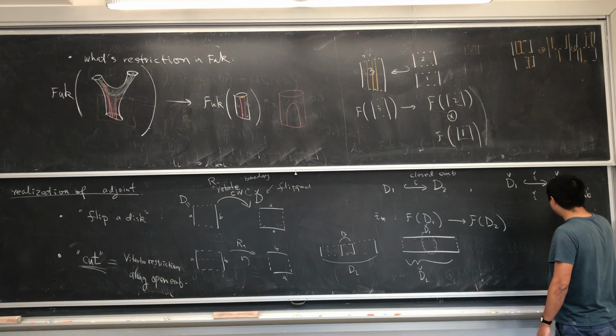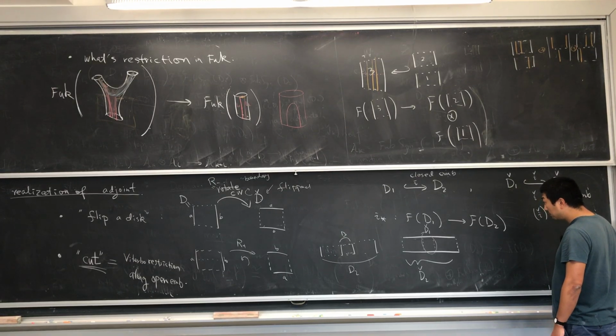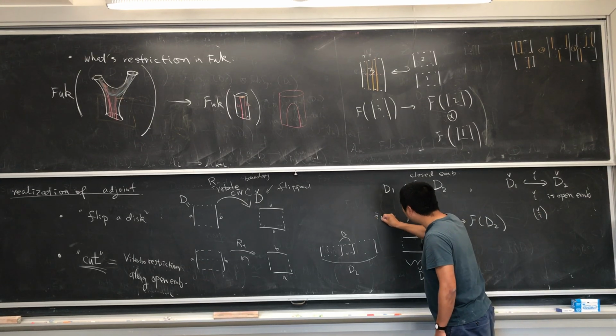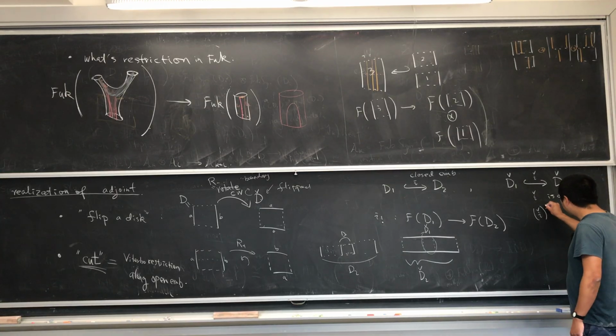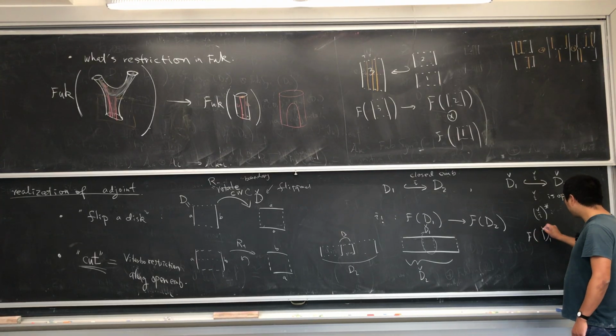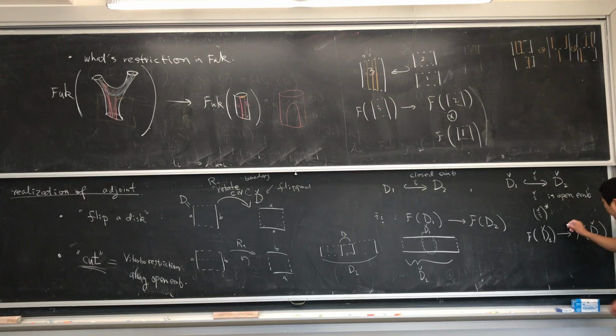For this open embedding, I can have the restriction map. I'm sorry, maybe it doesn't matter for notation, but I like to think about this as the left adjoint, lower shriek. And for this, I have this restriction map, that's the Fukaya category of D2 shriek into the one for D1 shriek. So this is a restriction.